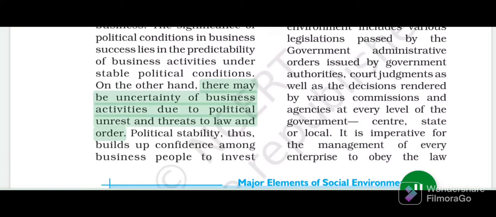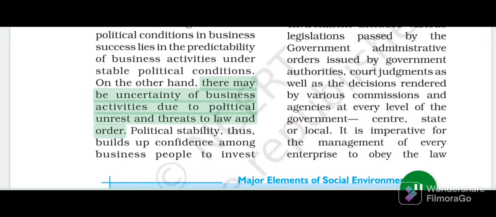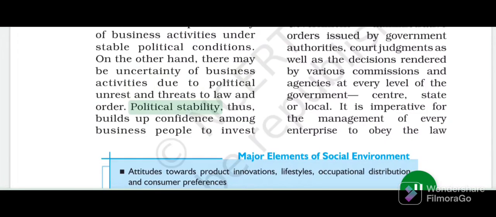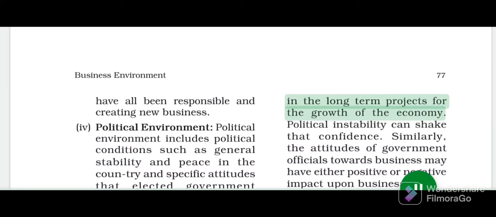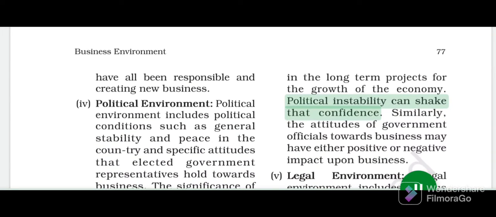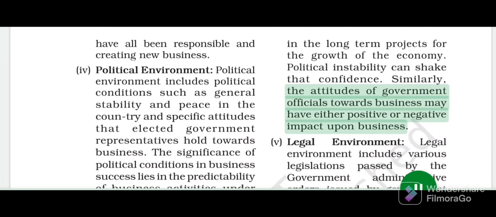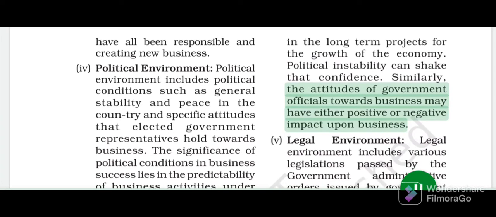On the other hand, there may be uncertainty of business activities due to political unrest and threats to law and order. Political stability, thus, builds up confidence among business people to invest in the long-term projects for the growth of the economy. Political instability can shake that confidence. Similarly, the attitudes of government officials towards business may have either positive or negative impact upon business.